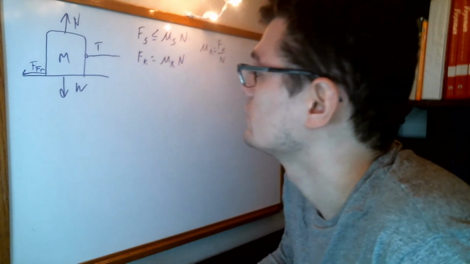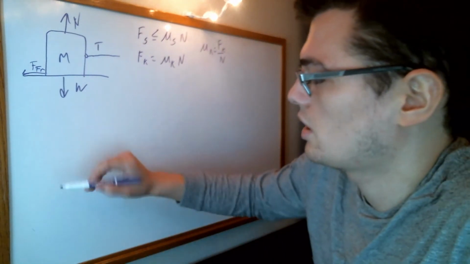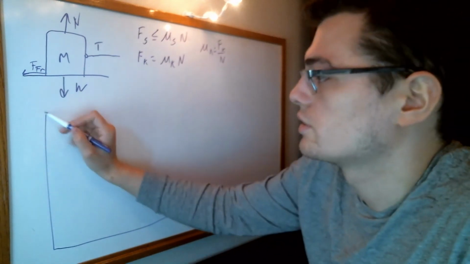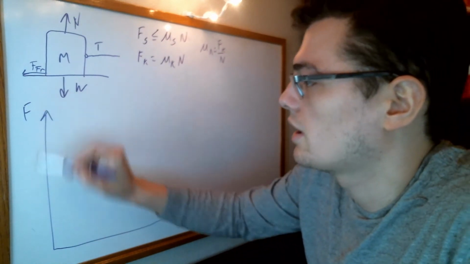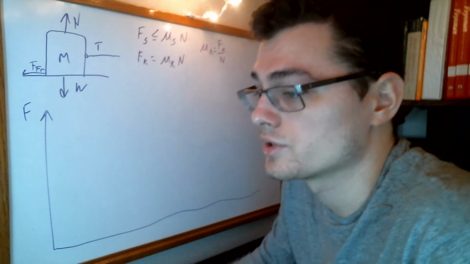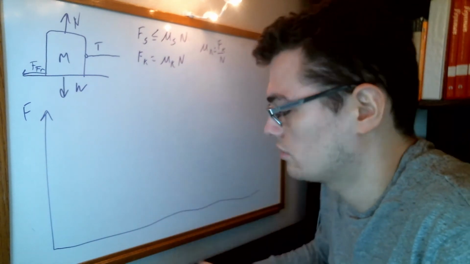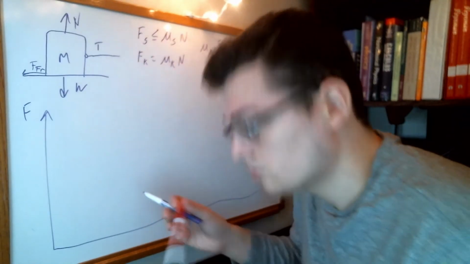And so what we can do is, as we increase, I'm going to draw here a graph. And so this is going to be F in magnitude. This is just going to be a friction here. And then what's going to end up happening, not the right color. Here we go.